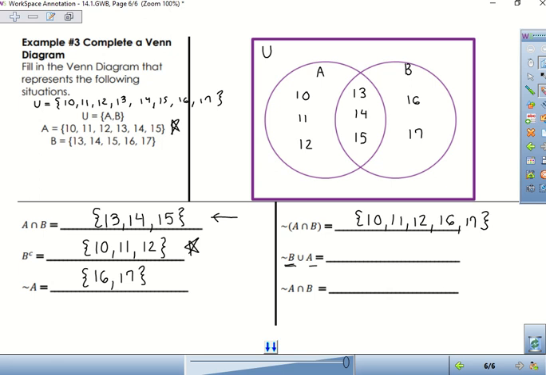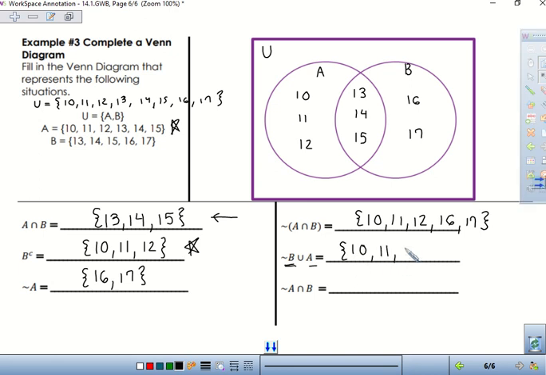So, what's that going to look like if we merge those two together? 11, 16, 17. We're merging them so we can include everything in all of them, right? So I'm including everything A has, right now. Did B complement have anything that A didn't have? No. So for that reason, it's just going to look like A, but that's because B complement had everything A already had to offer, basically, right?